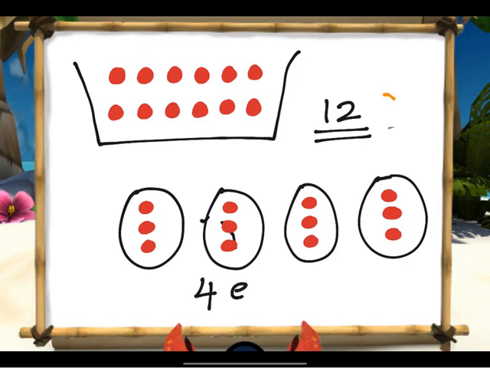Let me write that down. 4 equal groups. And the multiplication equation will be 4 groups of 3, which is equal to 12.